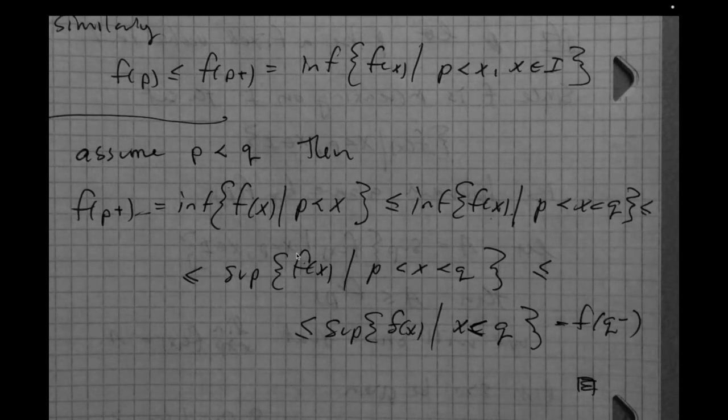Now, the last section here, this is something that'll come up later in the course, but it's also just kind of an interesting construct. What we want to do is show how we can construct a monotone function where we decide where the discontinuities are, if there are discontinuities.